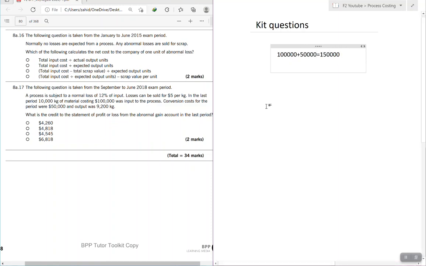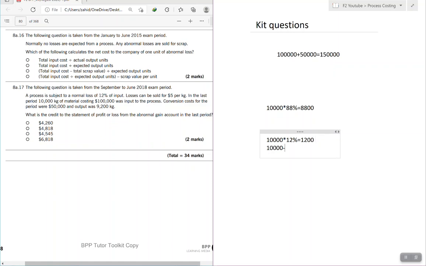And we have 12% normal loss and 10,000 input. If 10,000 is input and we have 12% normal loss, that means multiply by 88% would be expected output. Expected output is 8,800, that means we have 10,000 multiplied by 12%, 1,200.